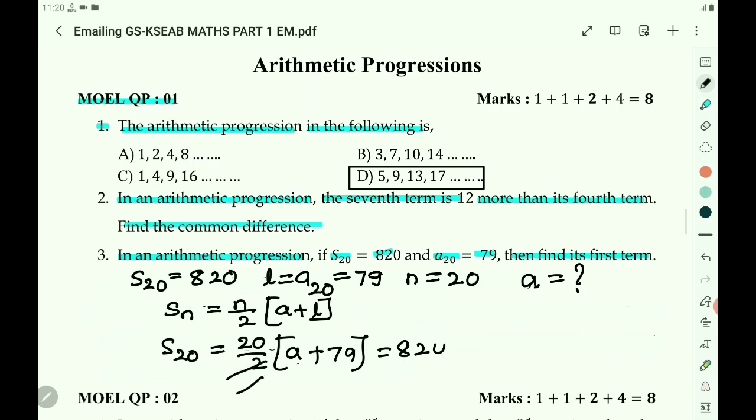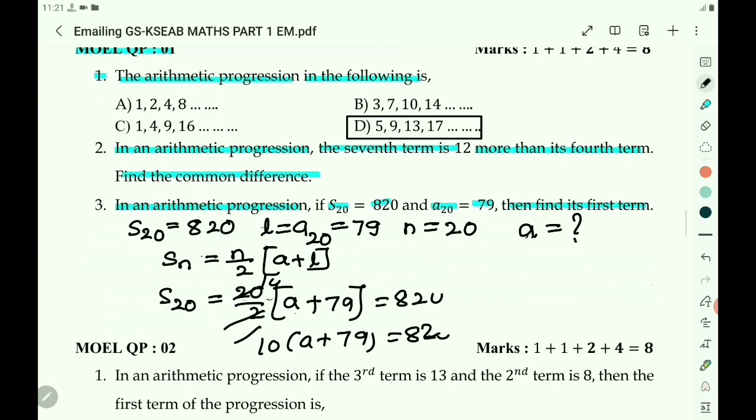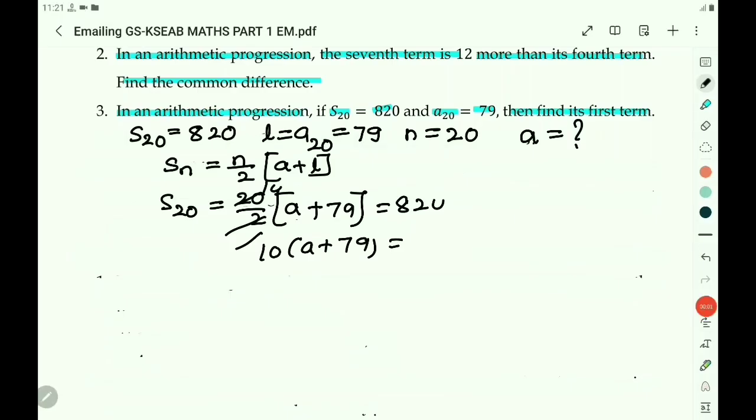Then 20 by 2 is 10, into A plus 79 is equal to 820. You can cancel this 0 and this 0. One is in the LHS and the other is in the RHS. So you got A plus 79 is equal to 82.